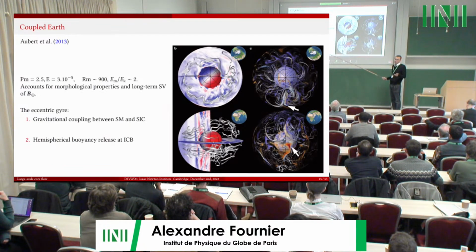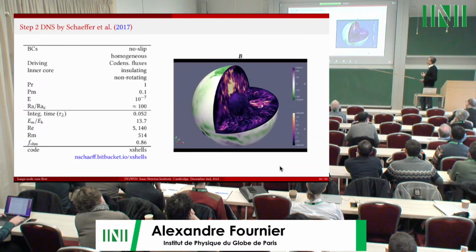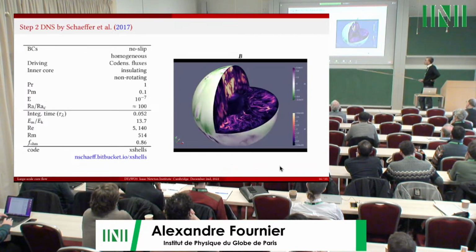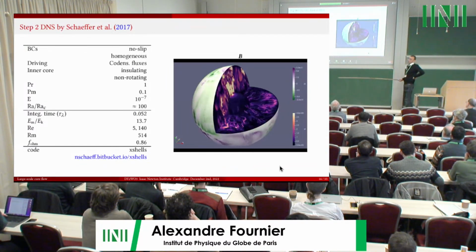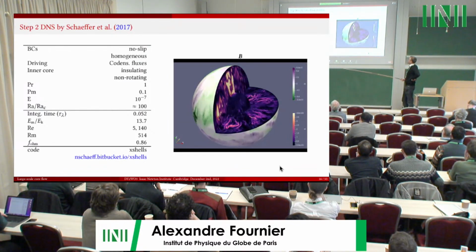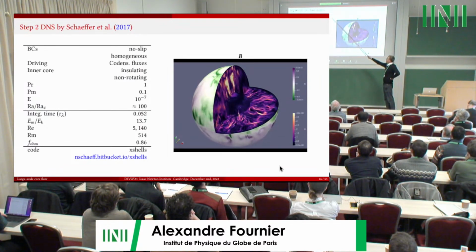extra ingredients. Okay? So the second simulation which I'd like to talk about is the step 2 simulation by Schaeffer and colleagues. So this is an extreme direct numerical simulation that we heard about before this week as well. The boundary conditions there are no slip at both ends.